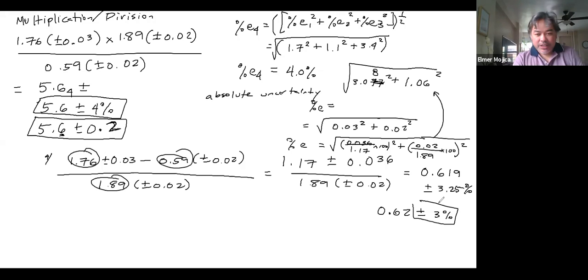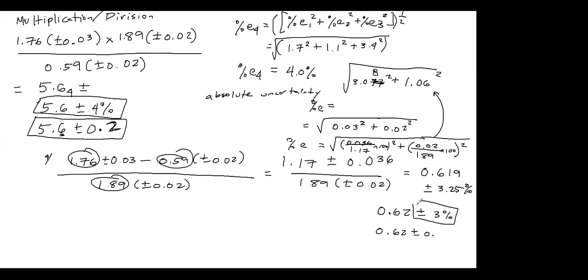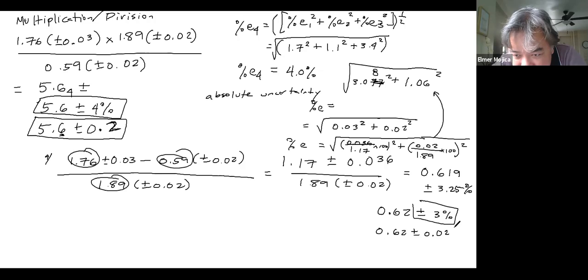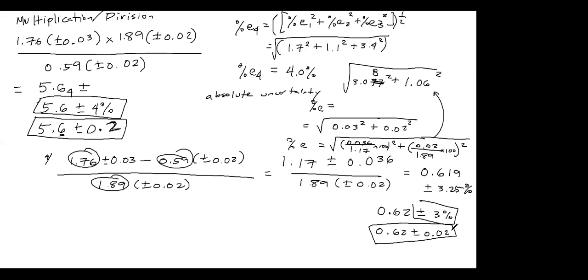So you will get around what? What's the absolute uncertainty? Anyone? What's the 3% of 0.62? 0.02. So that is your absolute uncertainty.